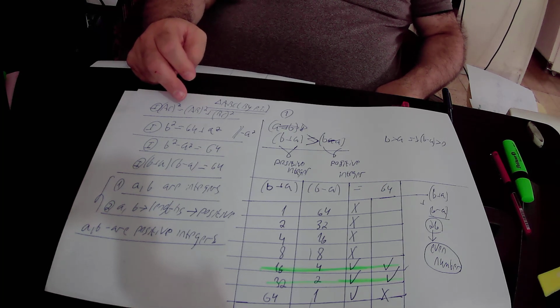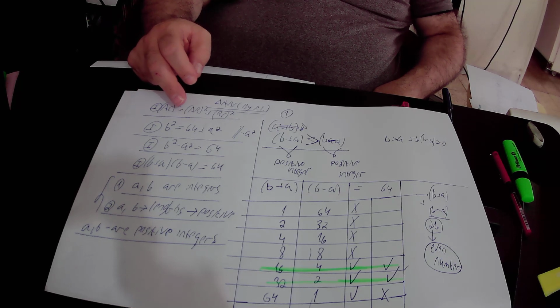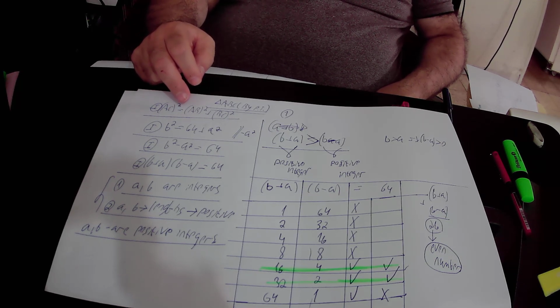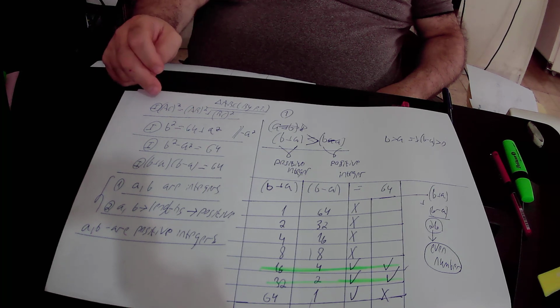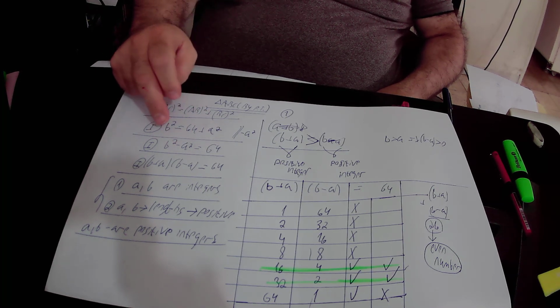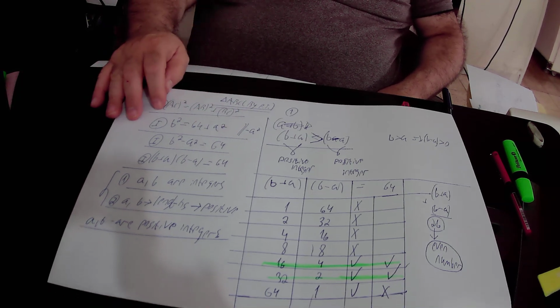We subtracted A squared from equation number 1, and we found that B squared minus A squared equals 64. Then we used the algebraic identity that B squared minus A squared equals B plus A times B minus A. So we substituted B squared minus A squared by B plus A times B minus A, and according to equation number 1, it is equal to 64.